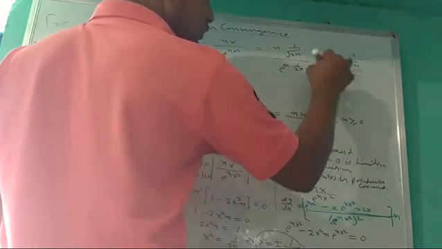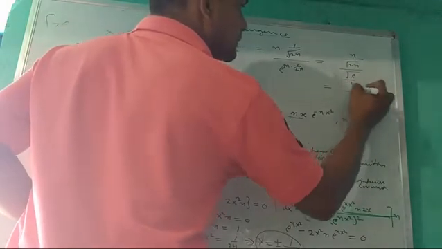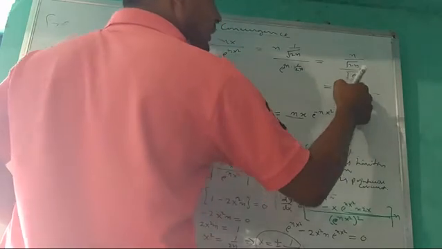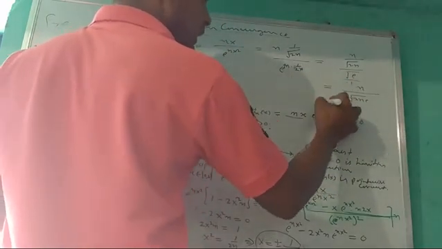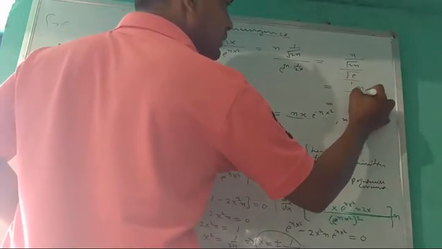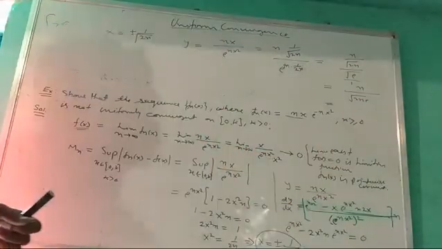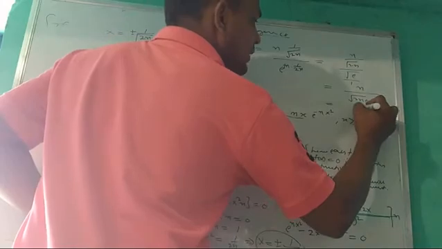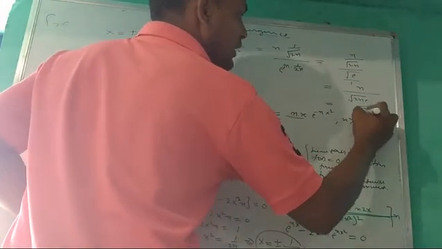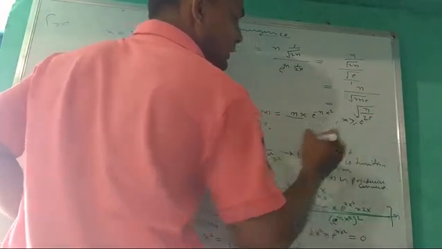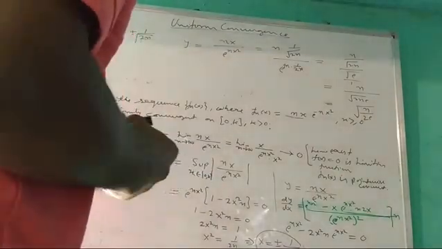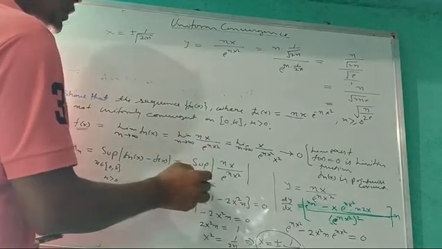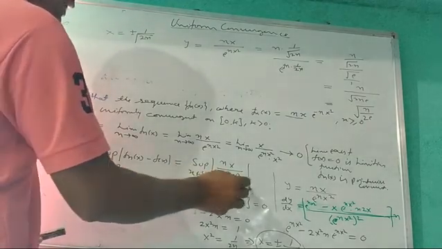The complete solution is n upon root 2ne, and because in the numerator we have n, we can cancel it with the root n in the denominator, giving root n upon 2e. This is the maximum value, the supremum of this function.